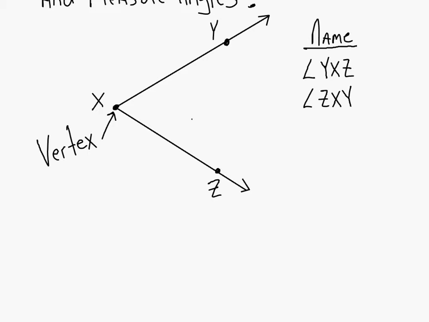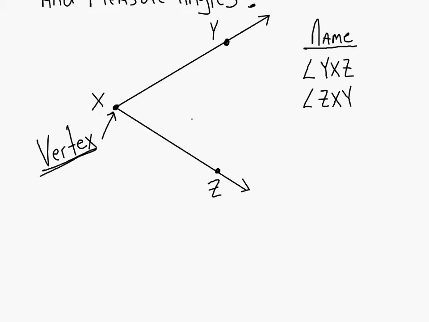What letter was in the middle both times? X. What's X also called? Vertex. So when you're naming an angle, what letter always goes in the middle? The vertex. Vertex always goes in the middle.